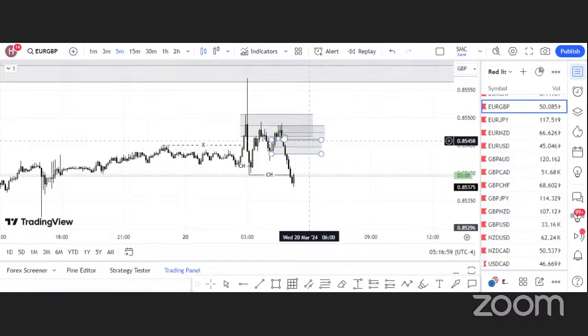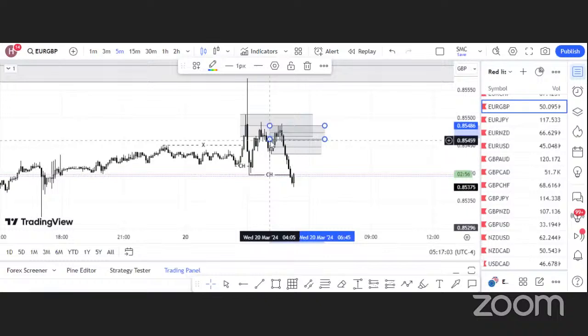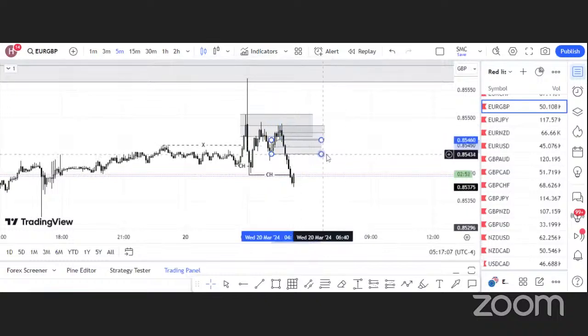So we have 2 points of interest here, the first one and the second one.